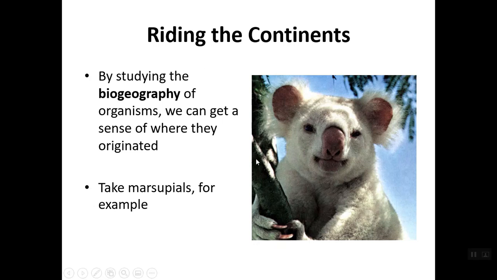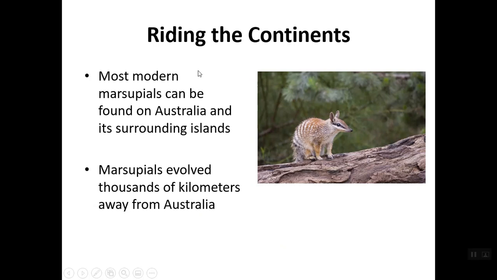And one group that I want to mention is marsupials. Most modern marsupials can be found mostly in Australia and surrounding islands, and a few just here and there. There is also one group still in America, but really they're concentrated in Australia. In reality, marsupials did not originate at all in Australia. They ended up there.